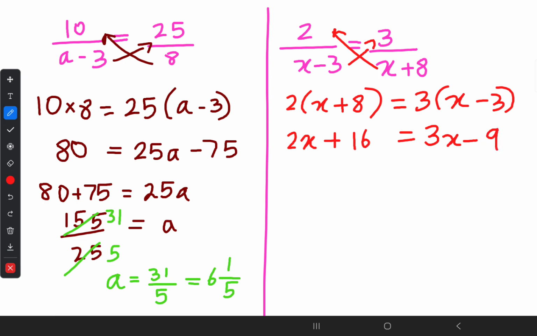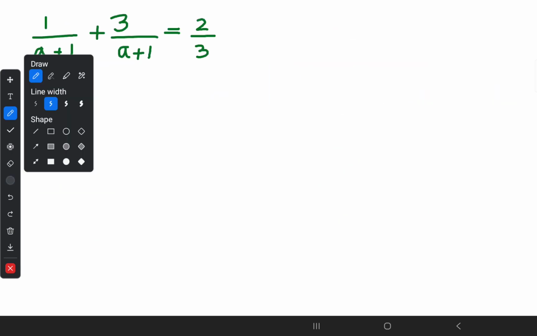And I'll bring 2x here. This is the same question which I explained earlier as well. 2x will become negative here and 16 remains the same. I'll shift the negative 9 as positive 9. So 25 equals x. x equals 25. That is the overall solution.